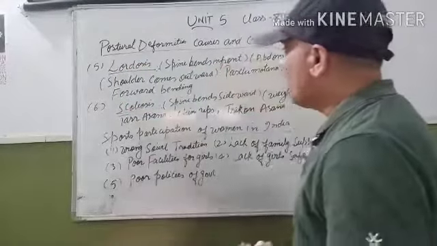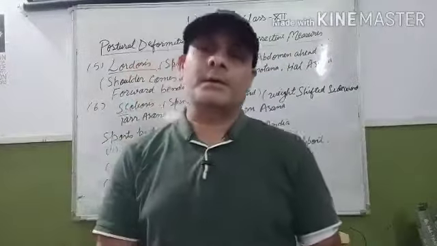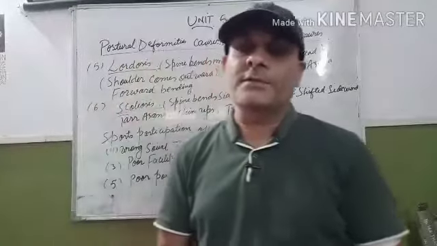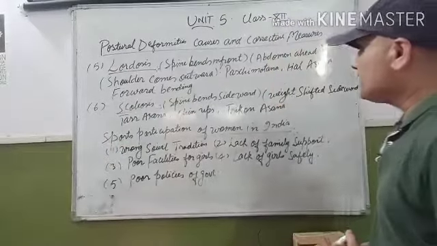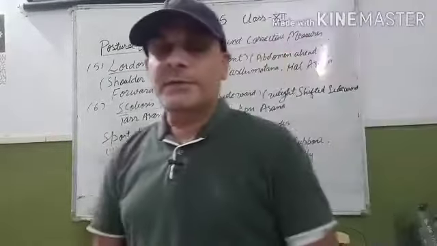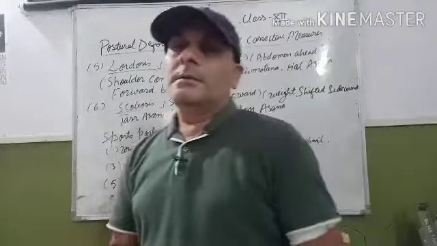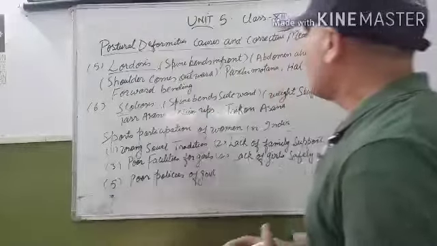When your clavicle spine bends from the front, then the people are suffering from this deformity that is called lordosis, right? In this lordosis deformity, when your clavicle spine bends from the front, then what will happen?